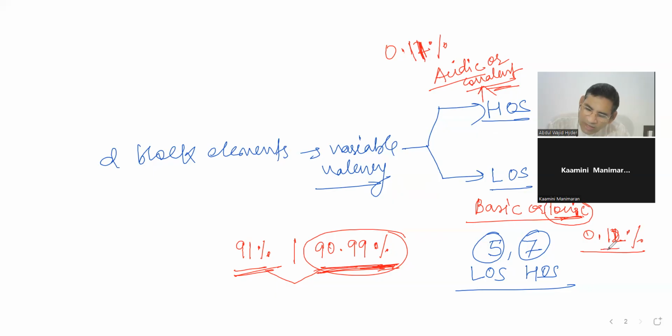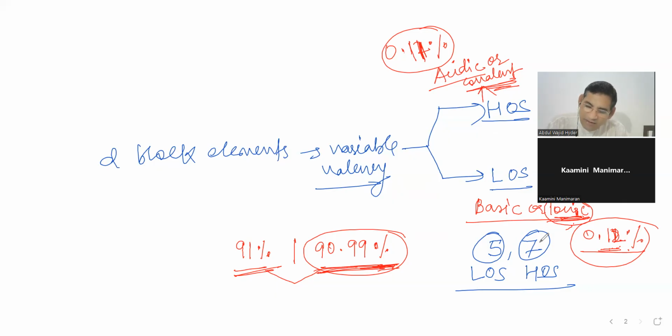But see here, 0.12% is ionic, but 99.88% will be covalent. So here you are comparing these two things. More ionic doesn't mean ionic. More covalent doesn't mean covalent. Is it okay?